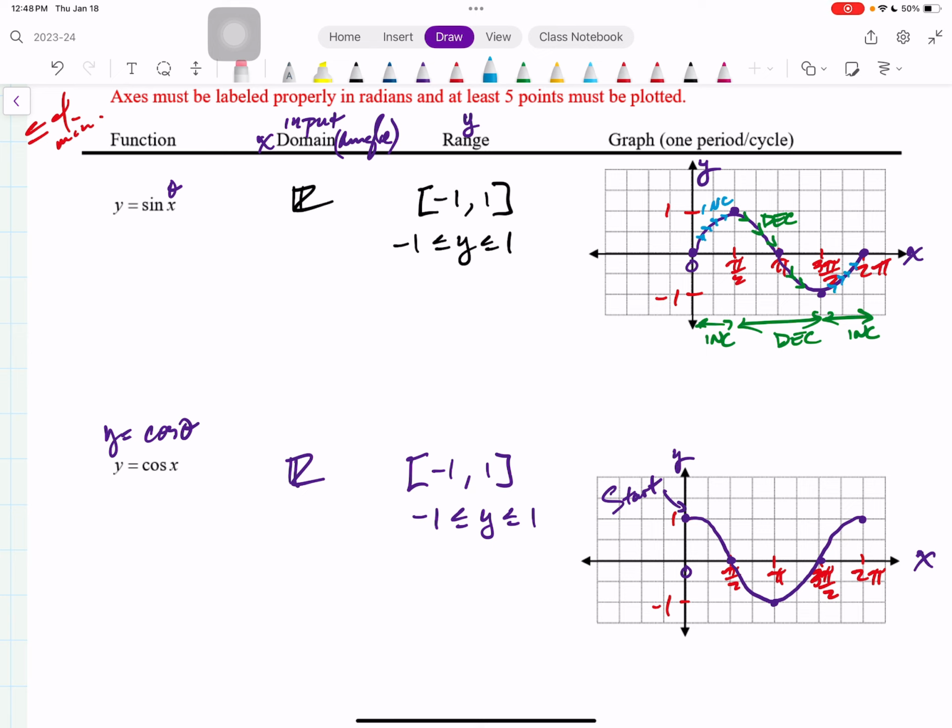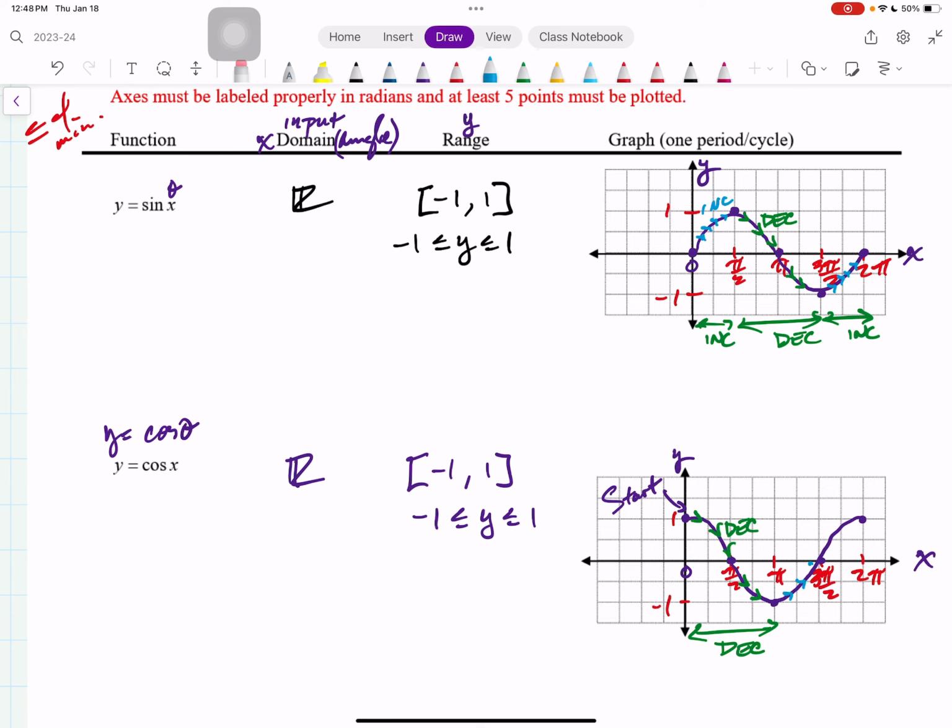All right, now on the cosine function, it's different, right? So here, the cosine from 0 to pi is decreasing. So in this interval, it's decreasing, and then it's increasing.